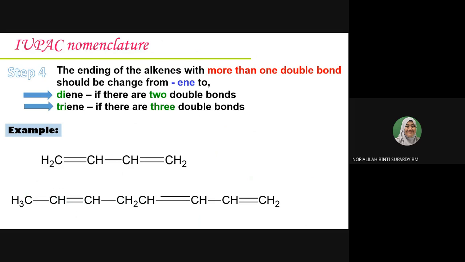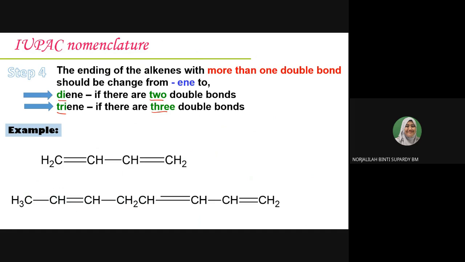Then for structures that have 2 or 3 carbon-carbon double bonds, we represent the number of double bonds with di if there are 2 double bonds, and tri if there are 3 double bonds.